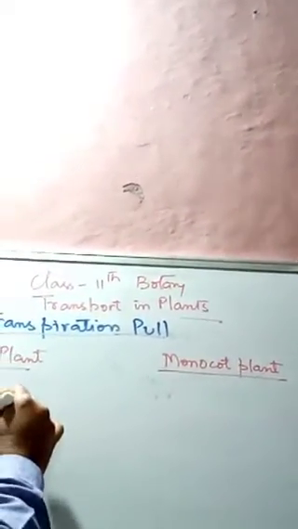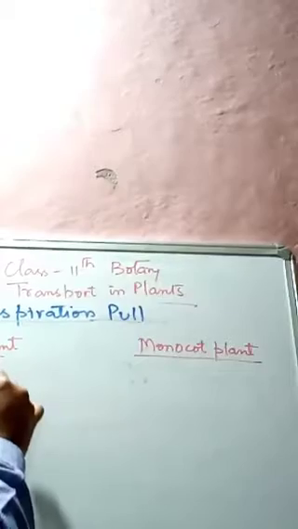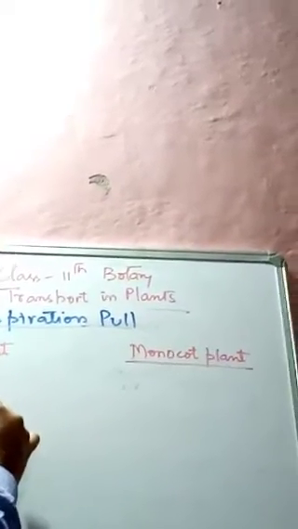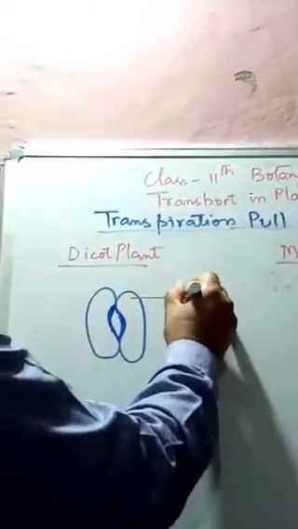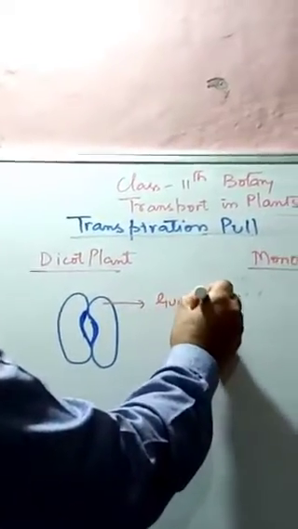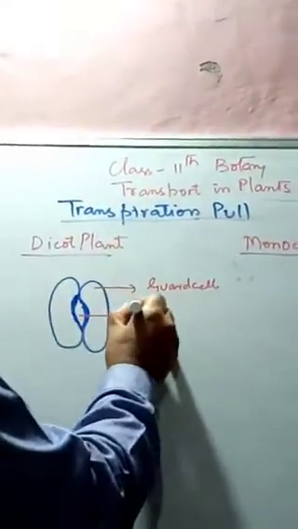On the outer side the wall is somewhat thin, but on the inner side it is somewhat thick. These are the guard cells. This is the stomata.